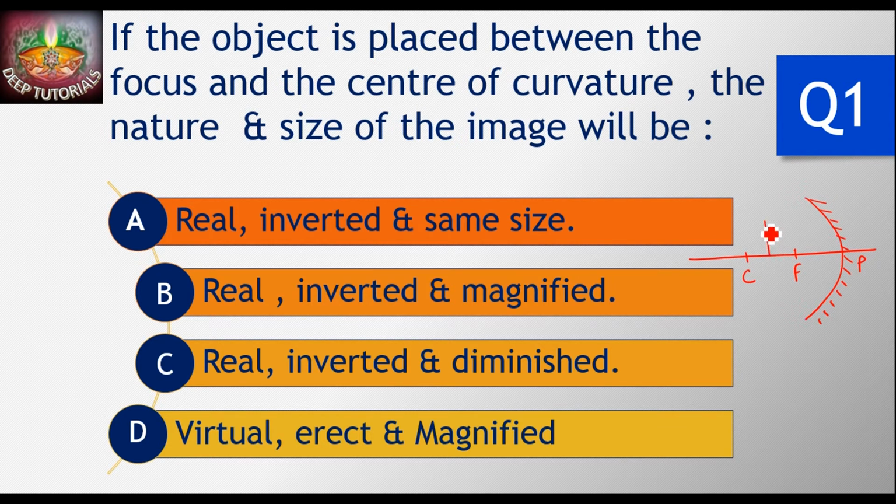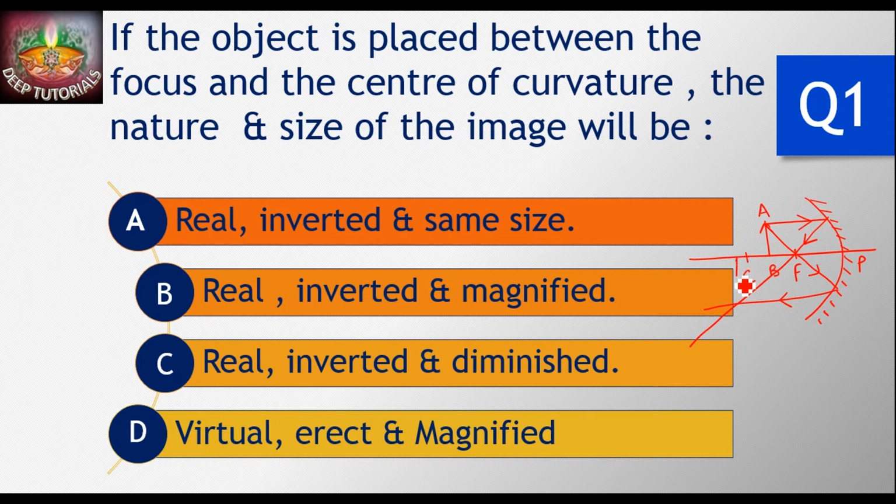So let's place an object AB between C and F. By using the rules of image formation for a spherical mirror, we can identify the position where the image for the object will be formed. As we know, parallel rays after reflection pass through the focus, and any ray that passes through the focus after reflection becomes parallel to the principal axis.